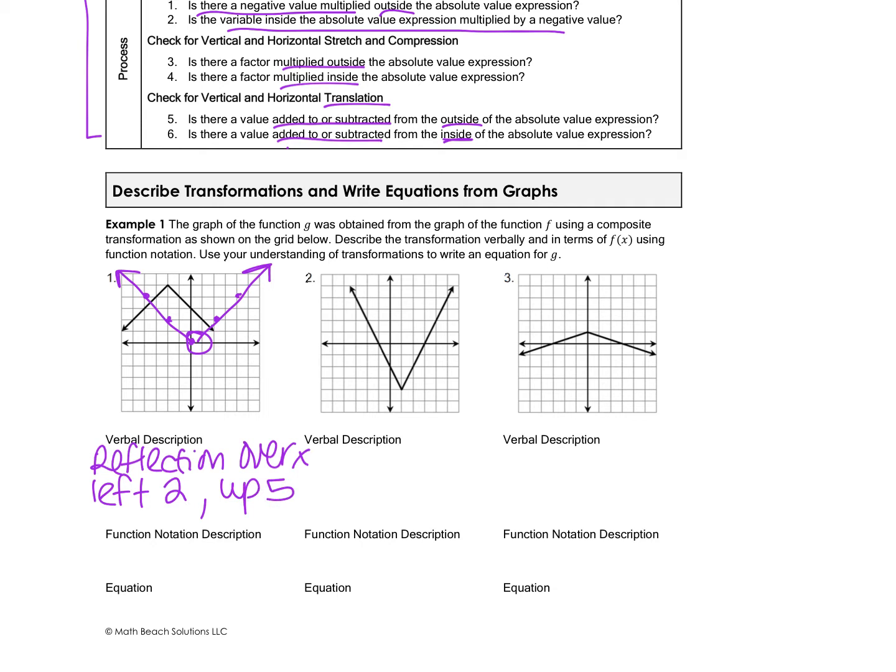Okay, you also need to check for a stretch or a compression. Normally our points are like 1, 1, 2, 2, 3, 3, 4, 4. So let's check that. From that point there, notice it's going right 1 but going down 1. So that's that reflection there. There wasn't a stretch or a compression.